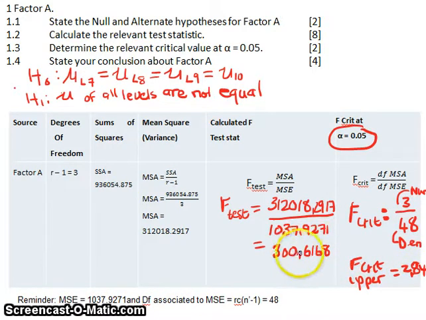So then to conclude, I've now calculated the test statistic. I've determined the relevant critical value at alpha 0.05. I've got to state a conclusion, and my decision rule is if my test stat is larger than my upper critical value, then I'm going to reject my null hypothesis.